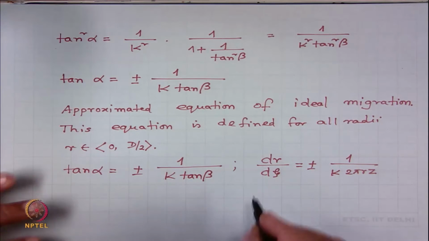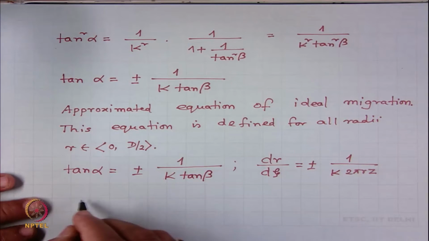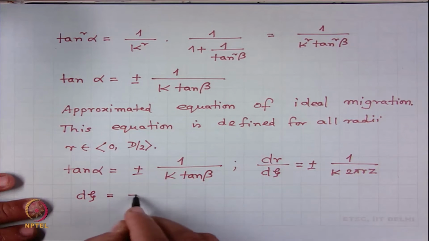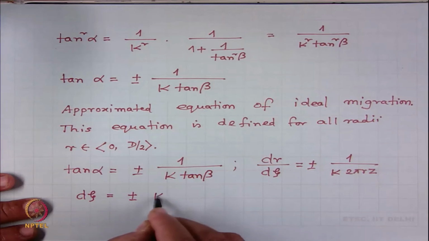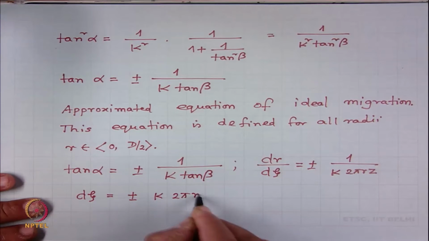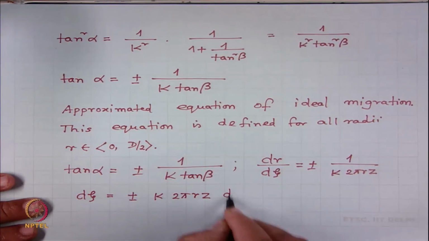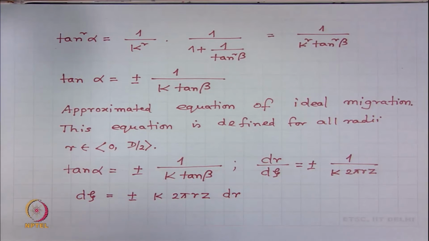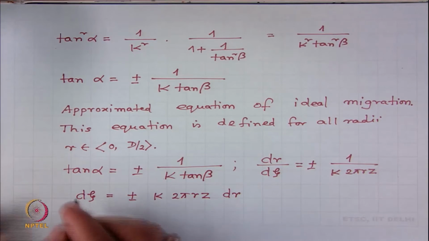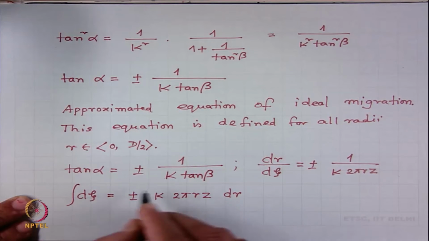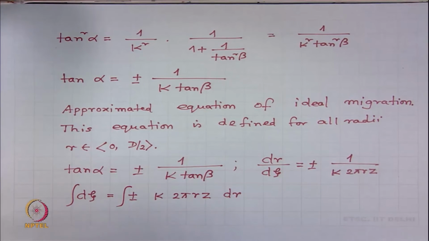So, d zeta is equal to plus minus k times 2 pi r z into dr. Now, if we integrate this, what will we obtain?